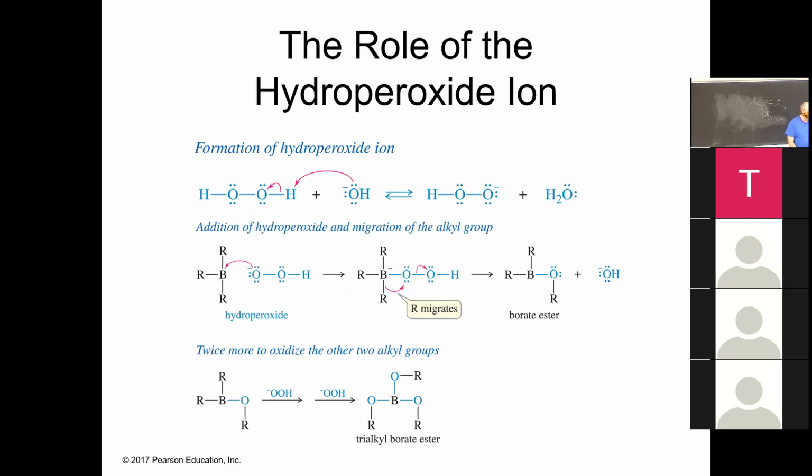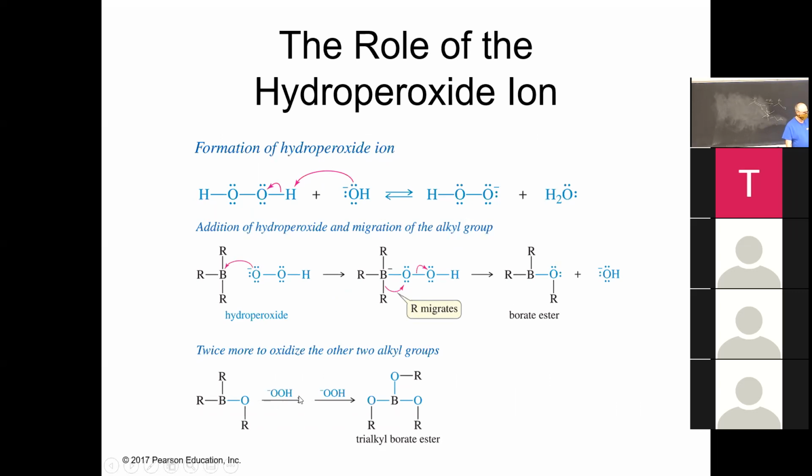Okay, this is what the hydrogen peroxide does. OH removes the hydrogen. We get the hydroperoxide ion. The hydroperoxide ion attacks the trialkyl borane. We have an R migration, which forms a borate ester.